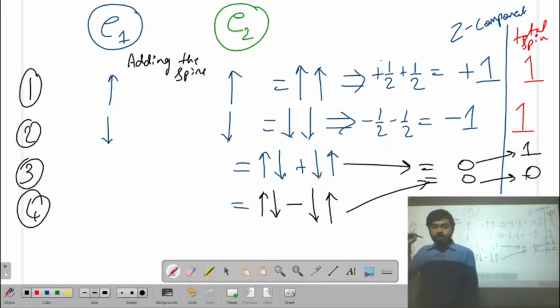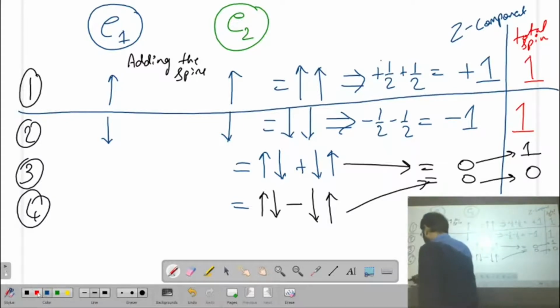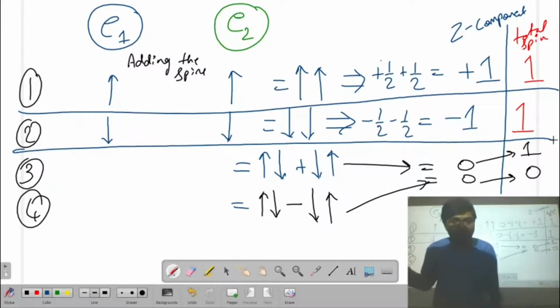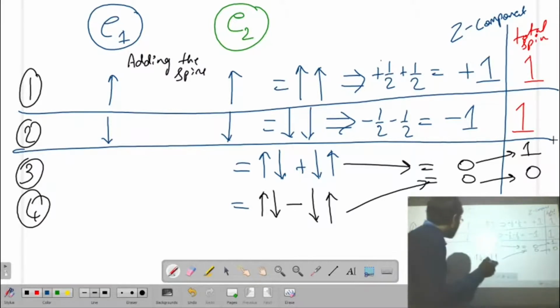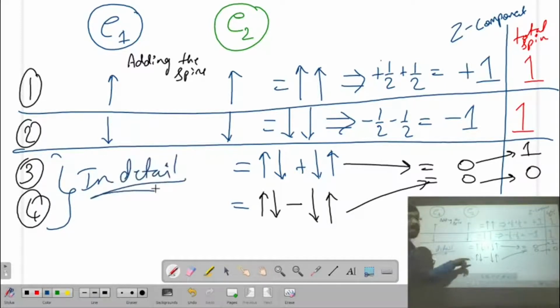Now this is the point at which many people get confused. So this state is clear to us, and this state is also clear to us, but let us see the third and fourth in detail, because these are confusing states.